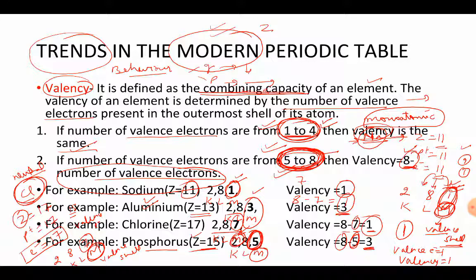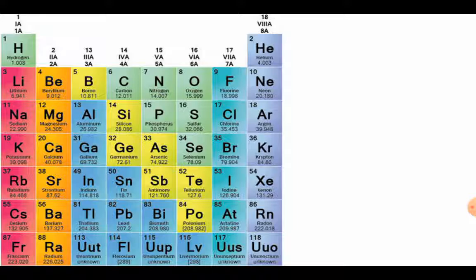But now let us discuss how it will vary in a group and in a period. So let us start. We can see this is that part of the periodic table which comes for class 10. Let us talk about the groups first. Let us take group 1 first.